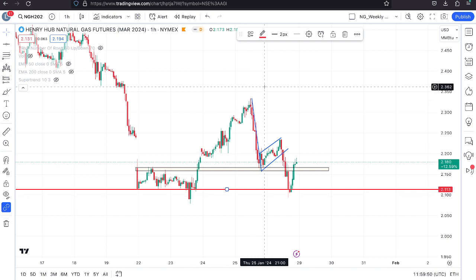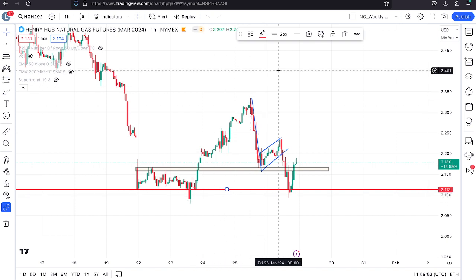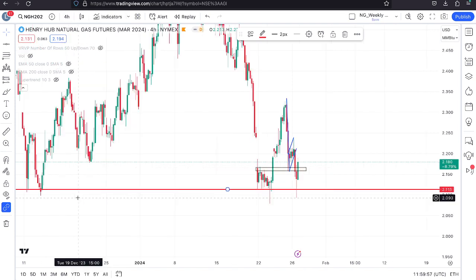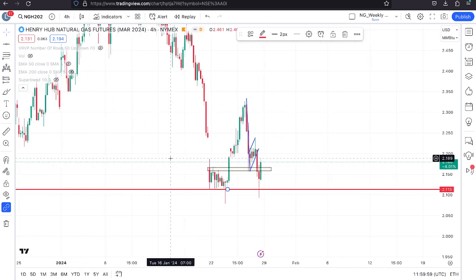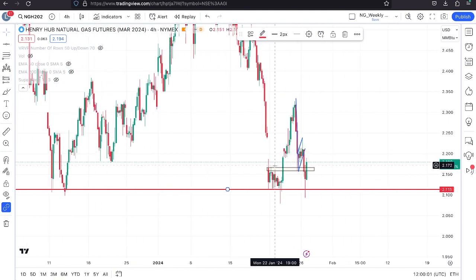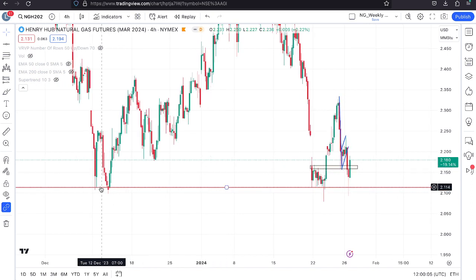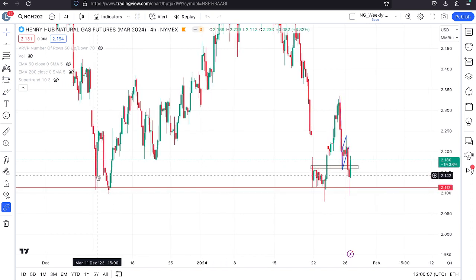But let's see what happens in the upcoming week. Now if I go to the 4-hour chart, look at it. We were just looking at this side, but on this side as well, look at this nice support.